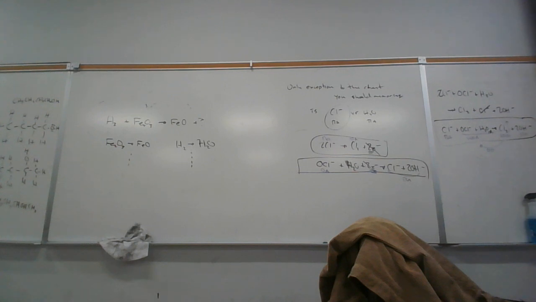What we're going to do is just predict the products for these reactions here. I'd like you to try to predict the products for some of these reactions that we have here.